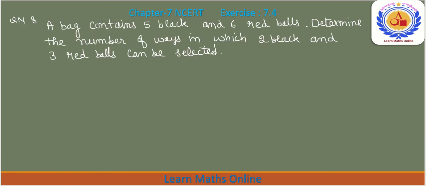Question number 8. A bag contains 5 black and 6 red balls. Determine the number of ways in which 2 black and 3 red balls can be selected. Very simple.